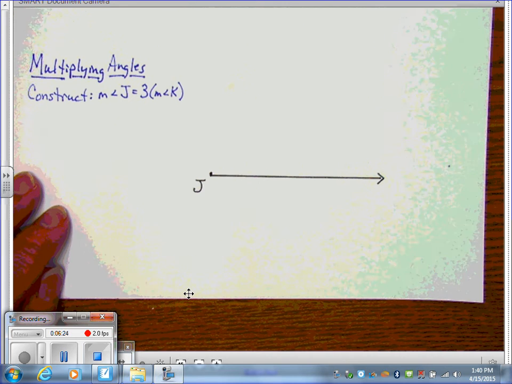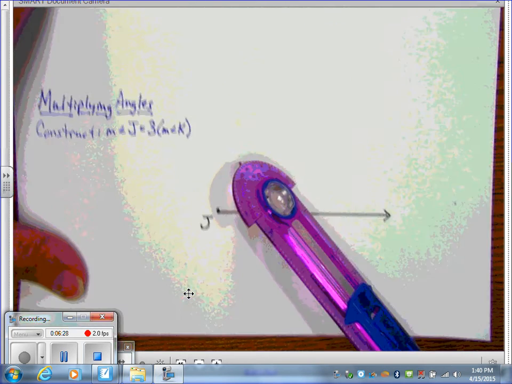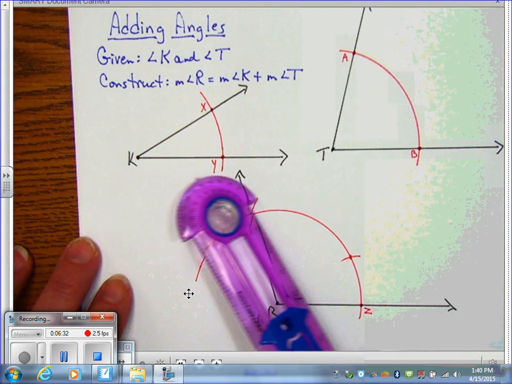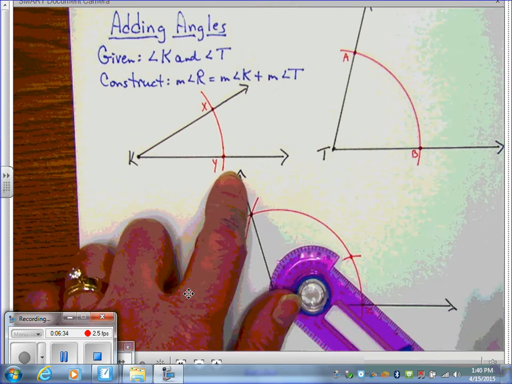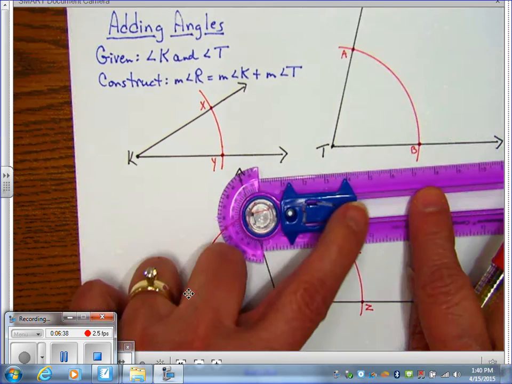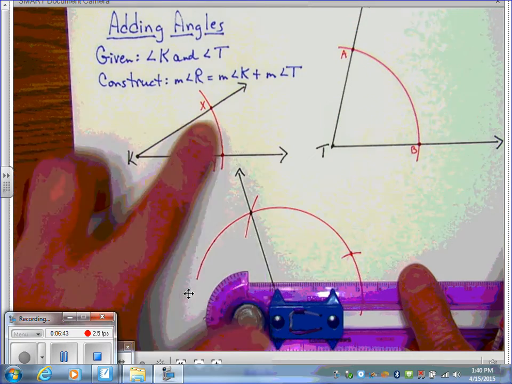Now, to construct a congruent angle, I need my favorite arc. And I need it on the original angle, and the given angle is K. And if I look at K right now, it already has my favorite arc on it. And if that were not there, I would arc it on it, but it is.